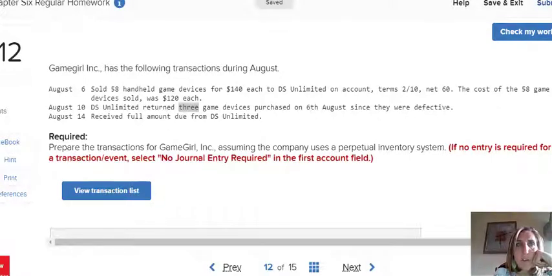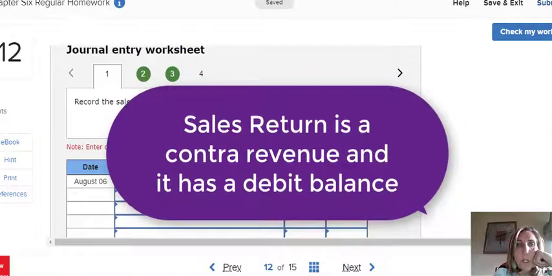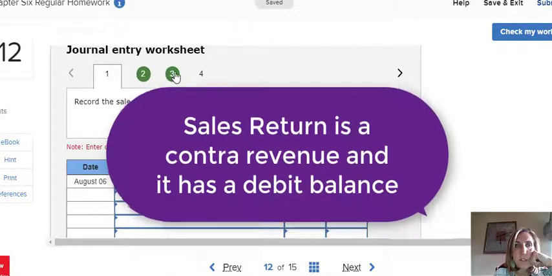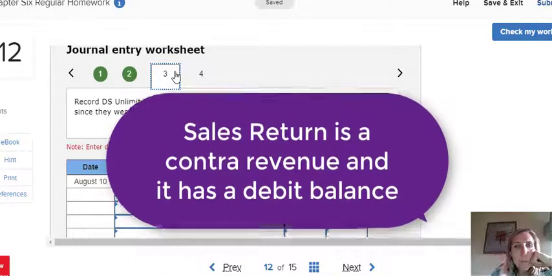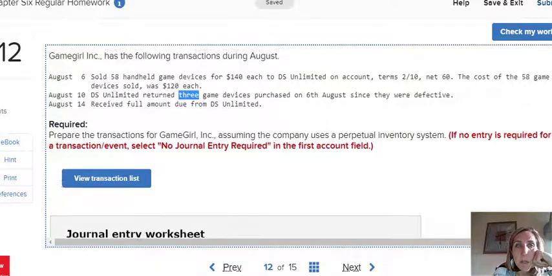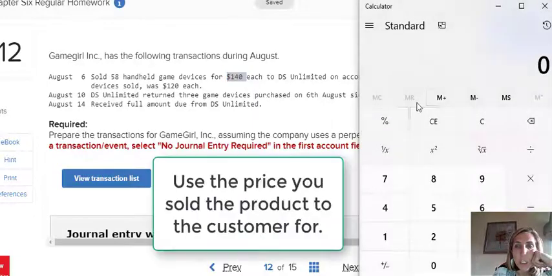So we have to use the concept from chapter 5 where we said if somebody returns a product to us, we would debit the sales return on this journal entry number 3 and credit accounts receivable to reflect that they no longer owe us for that product. It's going to be 3 on mine, 3 game devices multiplied by the price I was charging each customer for those.